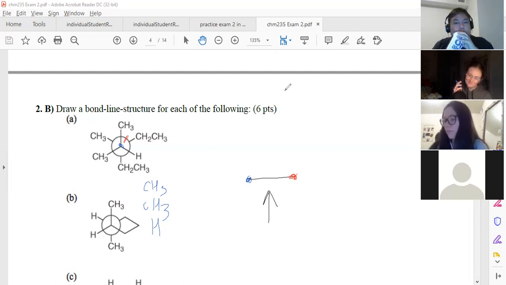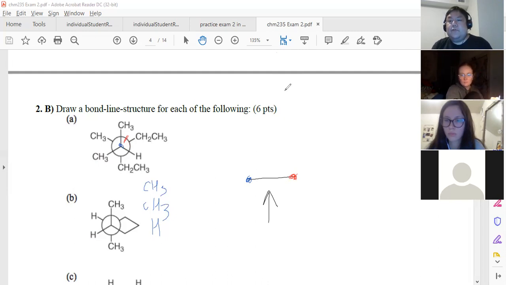Is it the CH3 in the middle? Well, which direction is it pointing? Up, to the left, or to the right? Look at the picture. Oh, the CH3 pointing to the left. Sorry. Nope, that's not in plane.